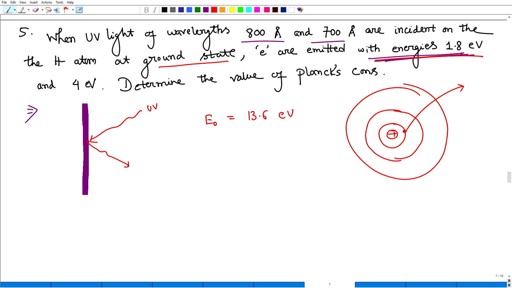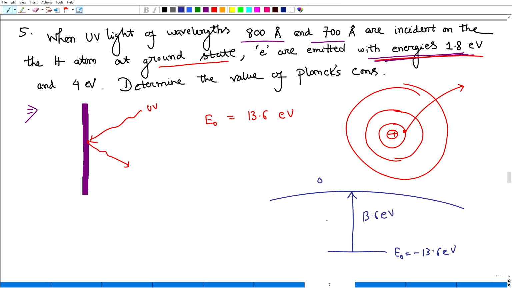It means that we can draw like this. This is the ground state E0, which is minus 13.6 electron volt, but you have to go to infinity, where the energy is 0. So you have to provide the energy 13.6 electron volt. Then only it will come out from the atom. So this energy should be given. So this is the work function phi. So phi is known. Now it's easy.